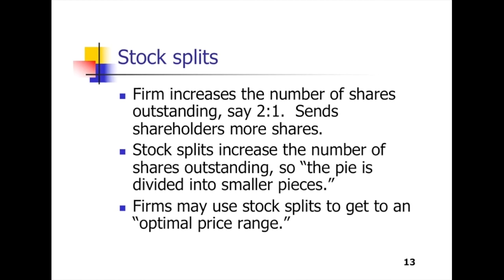Stock split is a second alternative to paying dividends. The stock split means the firm increases the number of shares outstanding. For example, let's say a 2-for-1 stock split. In this case, before the stock split, let's say 100 shares, and after the stock split, the shares multiply 2 times, so 200 shares.